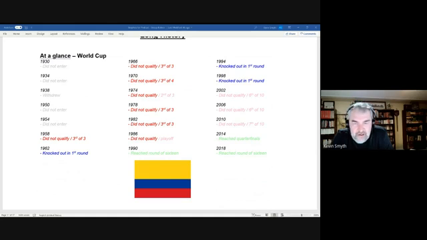Their participation in South American competition began in 1945, but it was very scattered until 1963, from which time they participated consistently. So I think what I meant to say is basically they were a bit slow to enter both tournaments. 2 quarterfinal finishes are their best result in World Cup competition, while they have 1 Copa America from when they hosted in 2001, and they also had a 2nd place finish in 1975.